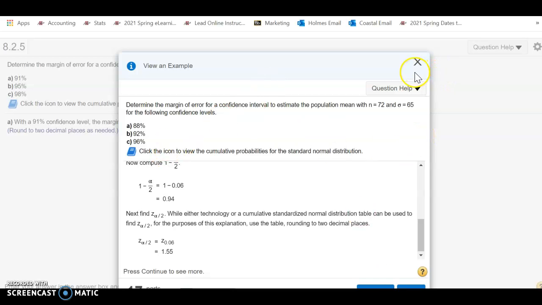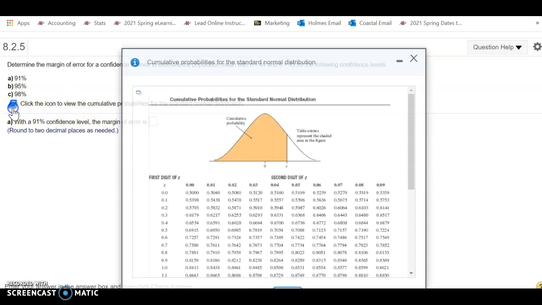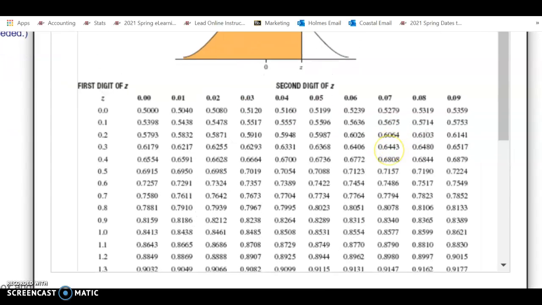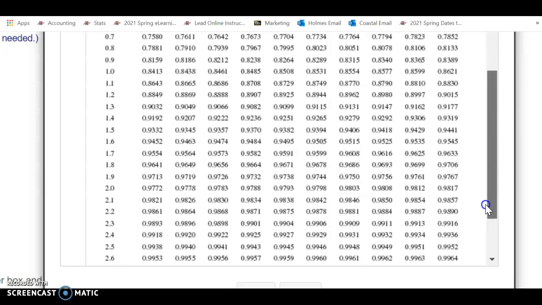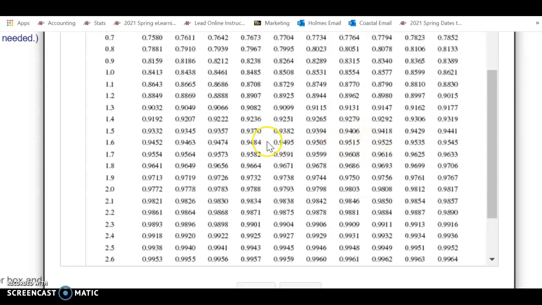So this is the tricky part. When you go to look in your table, you got to find the closest number to 0.955 in this table. So 0.955 would be in between 0.9554 and 0.9545.